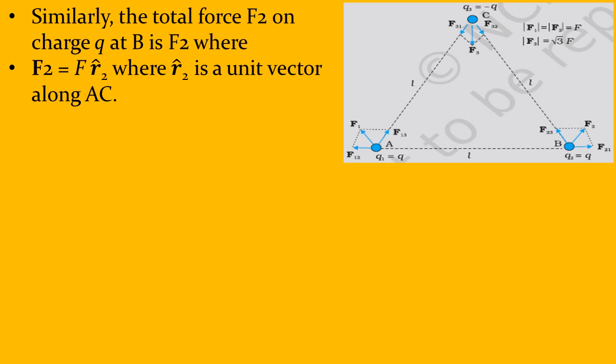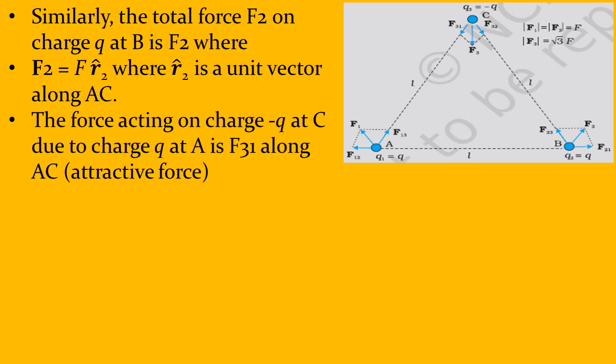And why, you will ask me, is it parallel to AC? See, one force is acting along AB, that is F21. The other force is acting along BC, that is F23. Now, these two forces are equal in magnitude. The resultant of these two forces will act along the direction F2.